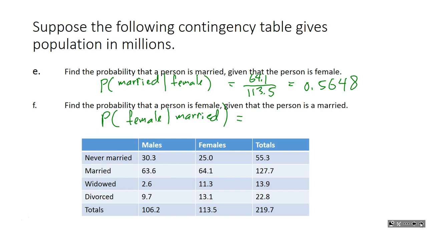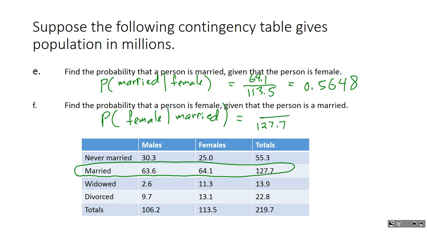We know that the person is married. So you see, this is what we're restricting ourselves to, just married people. And so the denominator, the number of married people, is 127.7. Now, restricting ourselves to that second row, how many of those are female? Well, that looks like it's the 64.1. And so doing that division, 0.5020.